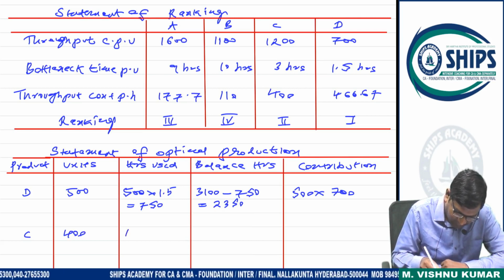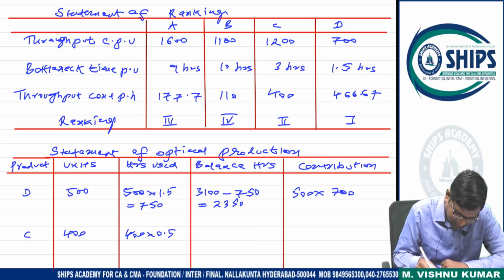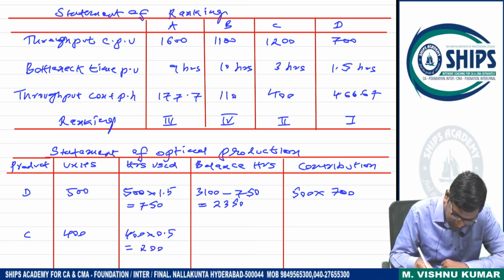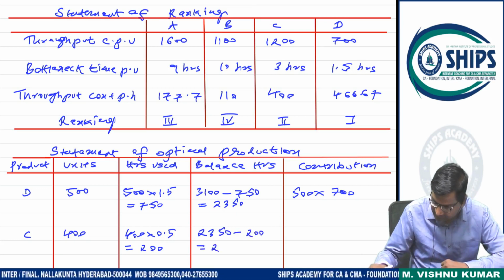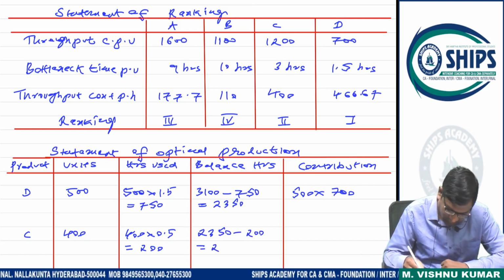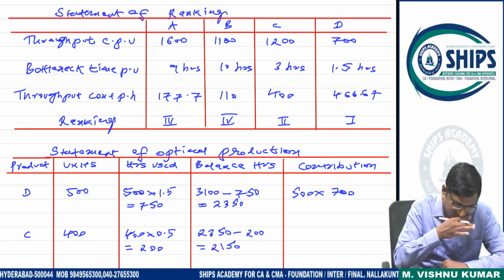How much time is required for 400 units? 0.5. So 200. So 2350 minus 200, so 2150.